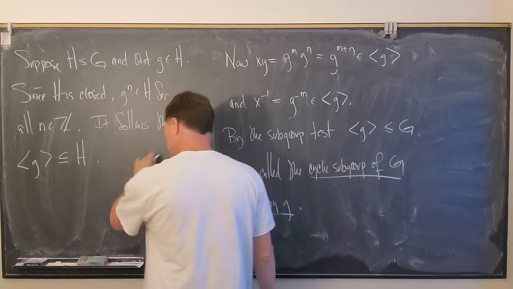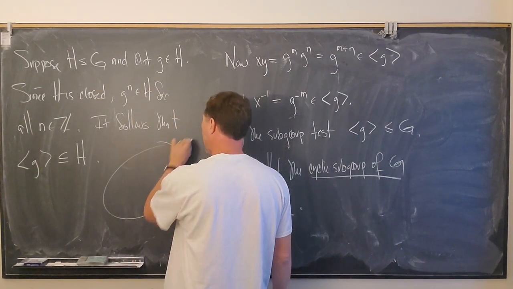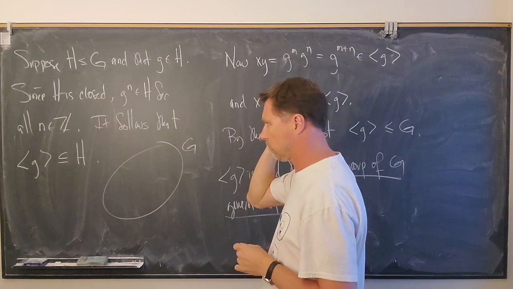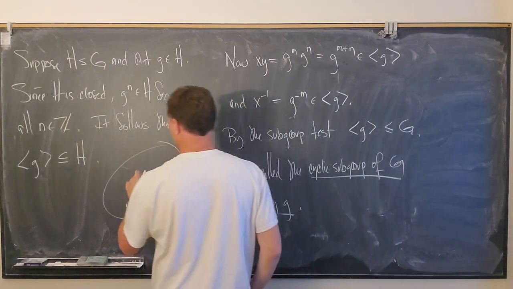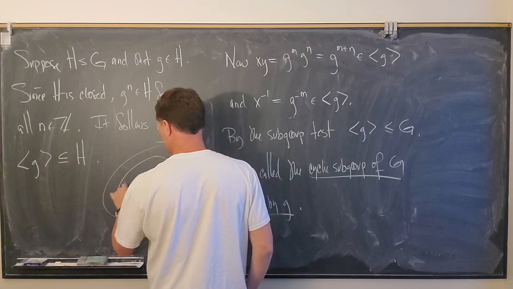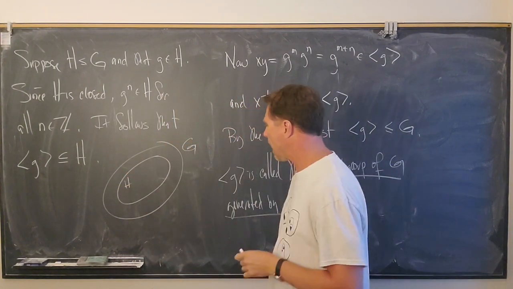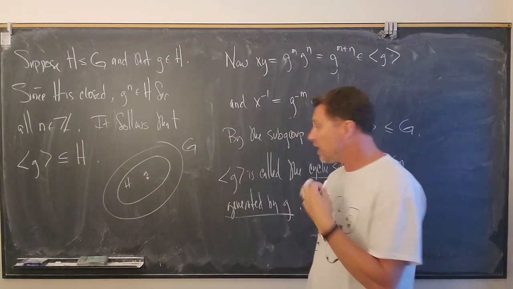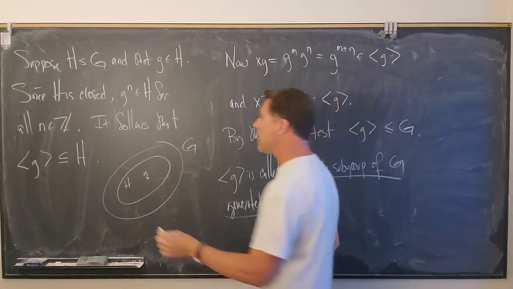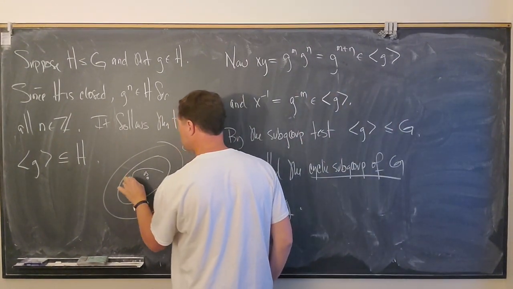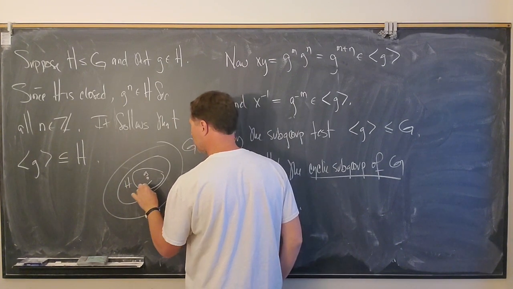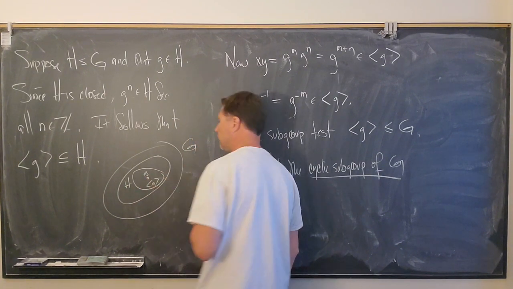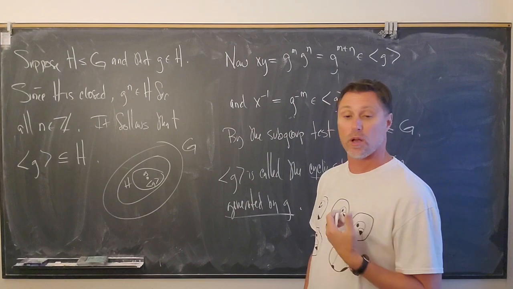So the picture is something like this. I've got capital G, I've got some subgroup H, and then I have a little g sitting inside H. So if little g is sitting inside H, then the entire subgroup generated by little g has to be inside H also.